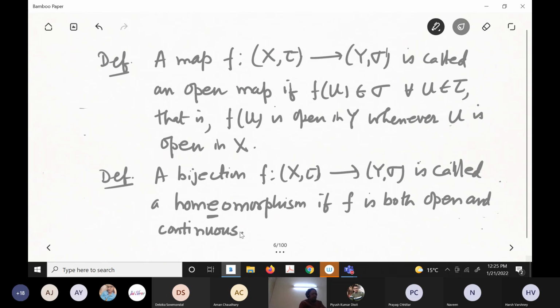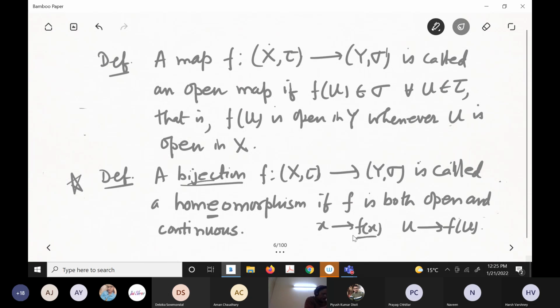This is the definition. So let's look at this definition carefully. F is both open and continuous. It's a bijection, so on elements you should understand the identification, and among the open sets, this is the identification. That means not only are we looking at the set, but with it a topology, the collection of open sets, and exactly on the other side I am doing that.